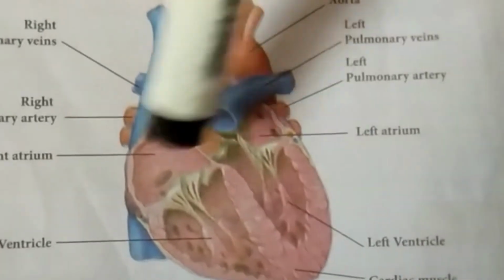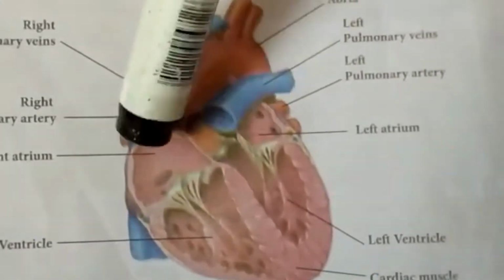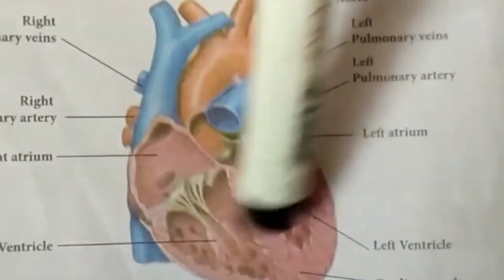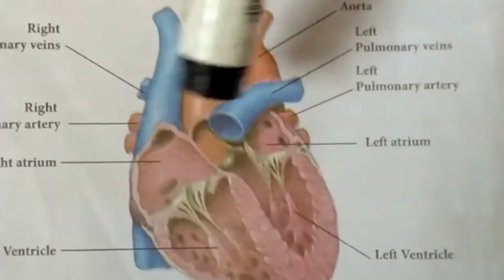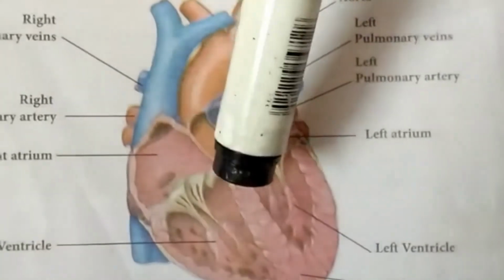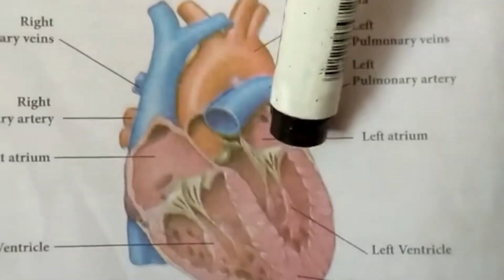See, the heart is divided into 4 chambers. The upper chambers are called atria or auricles and the lower chambers are called ventricles. They are thicker chambers. The upper and the lower chambers are divided by a muscular tissue called auriculoventricular septum.